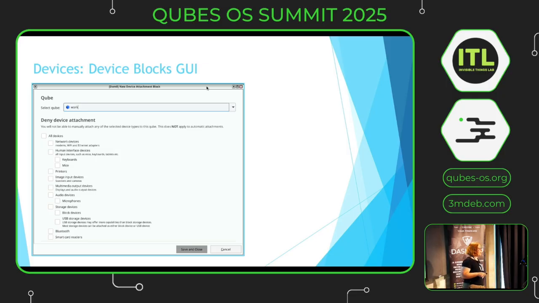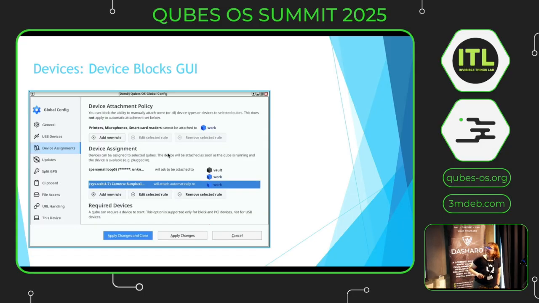So if you ever have any opinions on that, improvements, please, opinions here are very welcome. It's been a journey to discover how terrible USB devices are and how many different categories they can pretend to be. Yeah, and for example here, I have it set so that printers, microphones, smart card readers cannot be attached to work Qube.